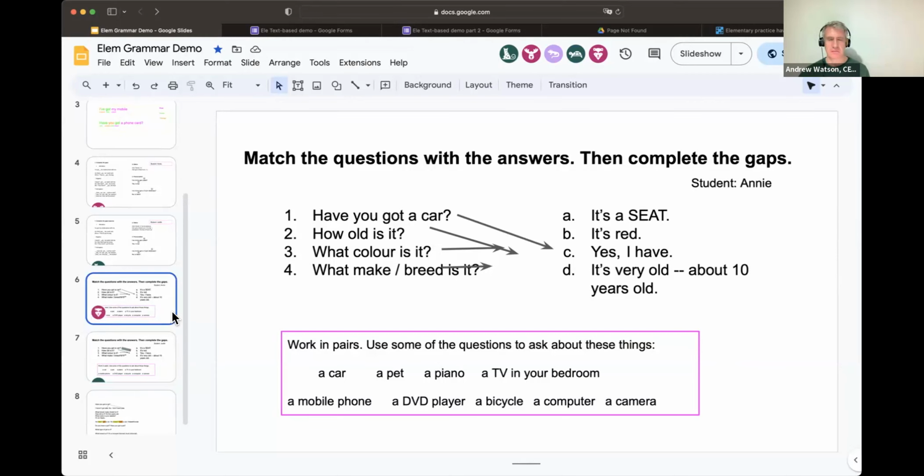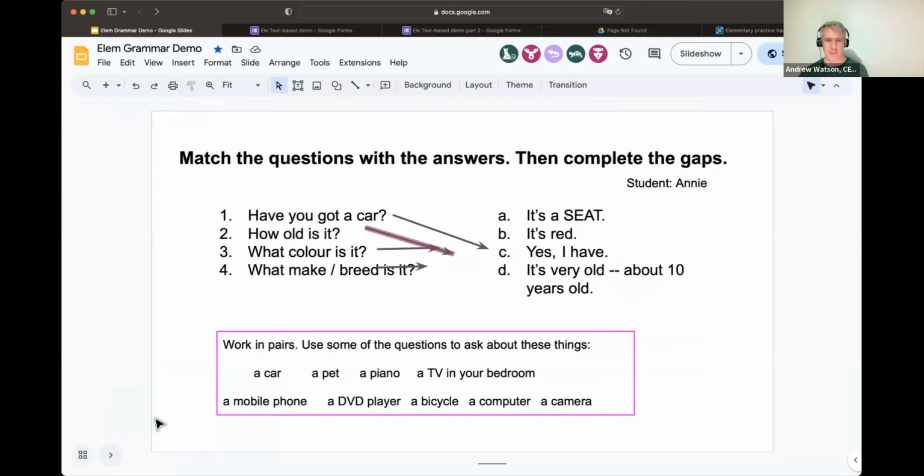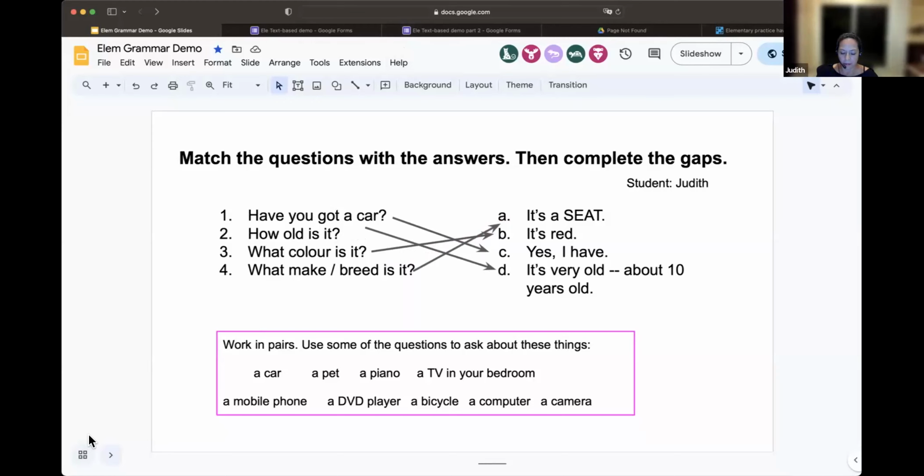Annie, slide 6. Finish. Right, that's a good job.